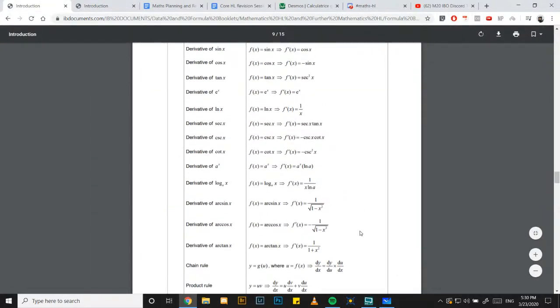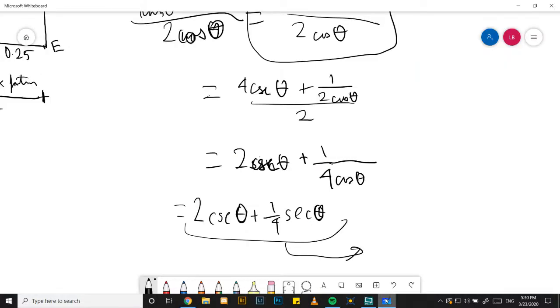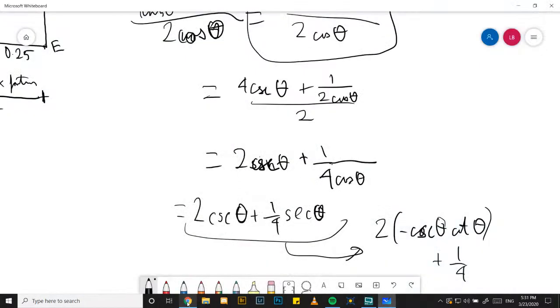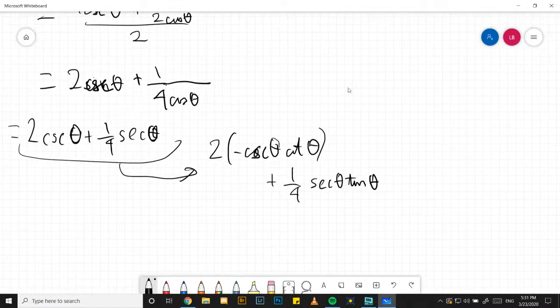The derivative of cosecant theta is negative cosecant theta cotangent theta, plus 1/4 secant theta derivative, which I think is secant theta tan theta. And I need to set that equal to 0.